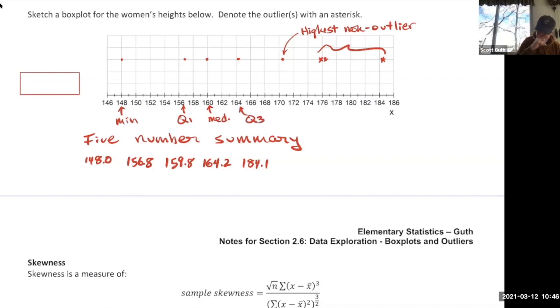The other one's the highest non-outlier. I'm just going to go ahead and bend my box to this graph real quick here. That's good. And then there's a vertical line drawn at the median, like this.